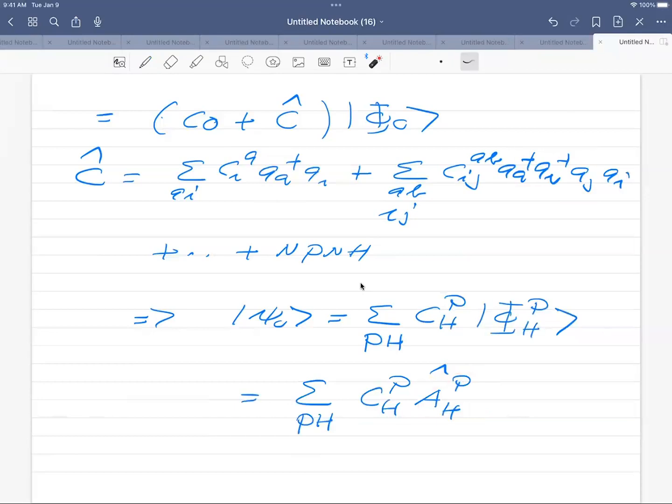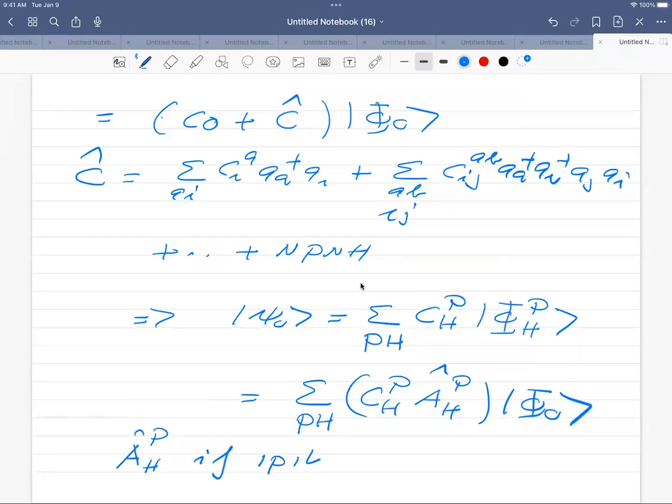And then I multiply this term here with phi 0. So if you look at this one, if I have a 1 particle, 1 hole, then this A of H, P is equal to a_a dagger a_i, like that. And then we can continue along this line here.